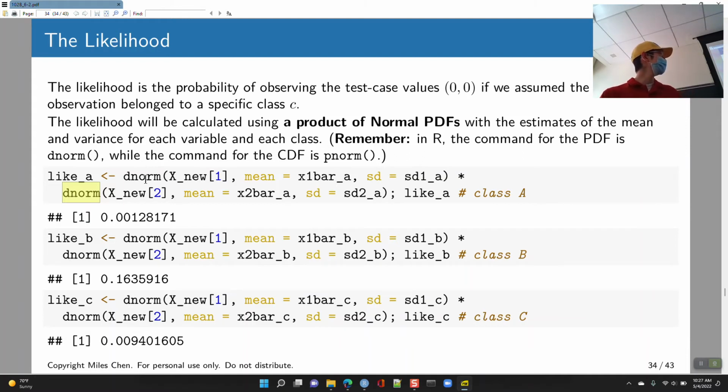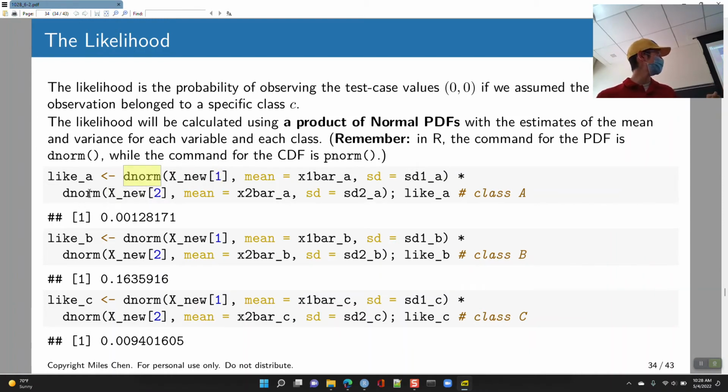So here, I'm not using the multivariate norm. I'm just using plain old dnorm that we're all familiar with. For our new observation, for variable 1, we calculate dnorm using the mean of x bar 1 for class A and the standard deviation of x1 for class A. Because I've got two variables in x, I do it for the first variable, x new 1, and then x new 2.